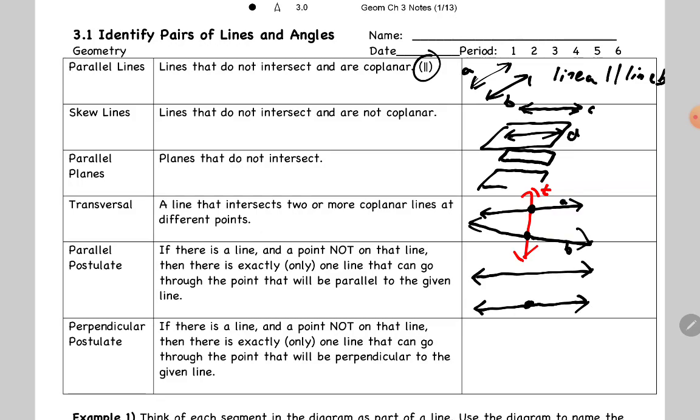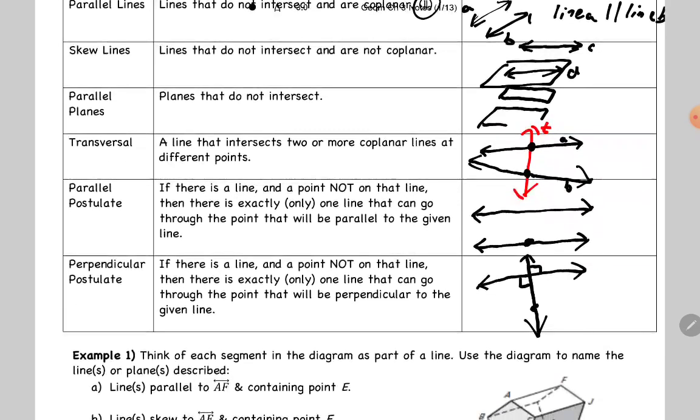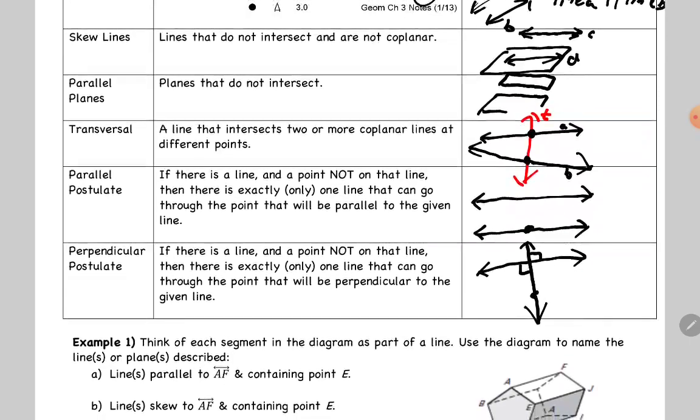And then there's a perpendicular postulate. If we have a line again, and a point not on that line, then there's exactly one line that goes through that point and is perpendicular to it. So two postulates, we accept them without proof.